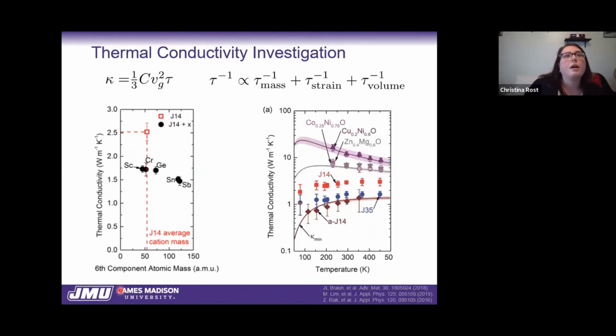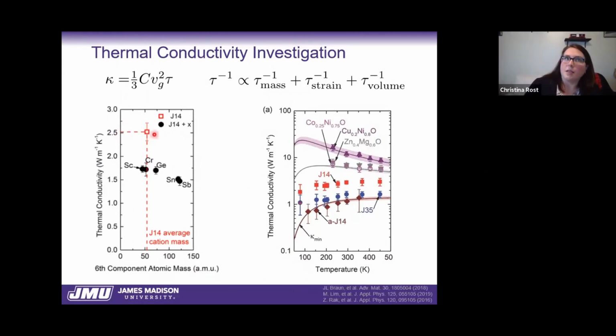If we plot the thermal conductivity as a function of atomic mass for J14 and J14 plus the 6 components, we can see that, of course, there is a decrease in thermal conductivity as a function of mass, as one would expect, because if we introduce something of a heavier mass into the lattice, we're going to scatter phonons a little bit differently.